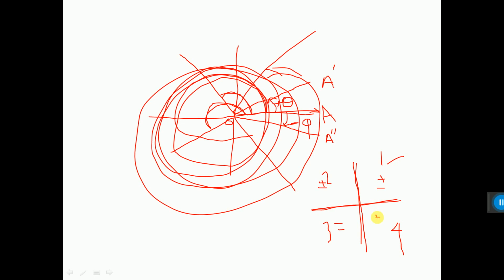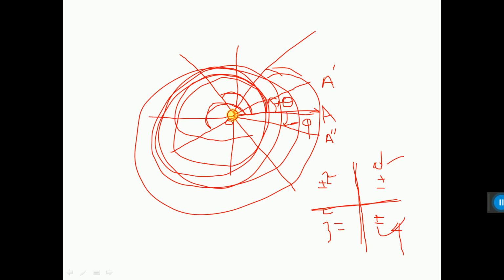This we have learnt in lower classes, but now we will learn these as first, second, third and fourth quadrants. We have learnt the quadrants and how these bigger angles are created.